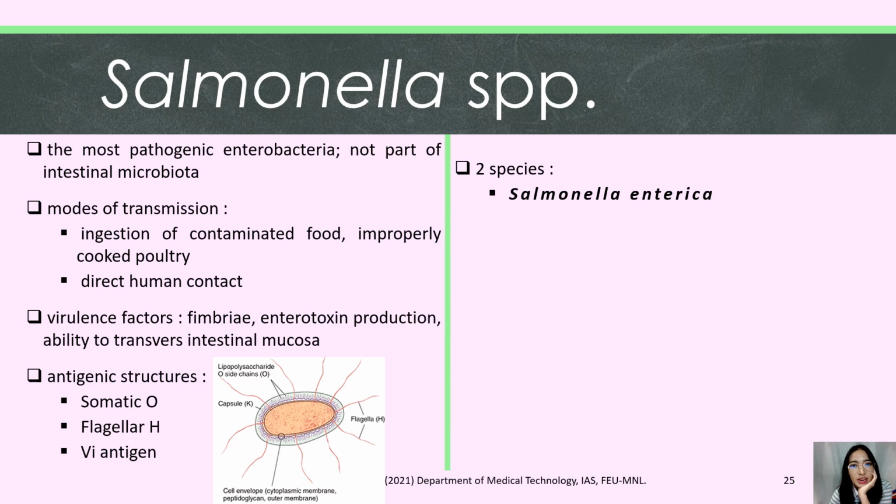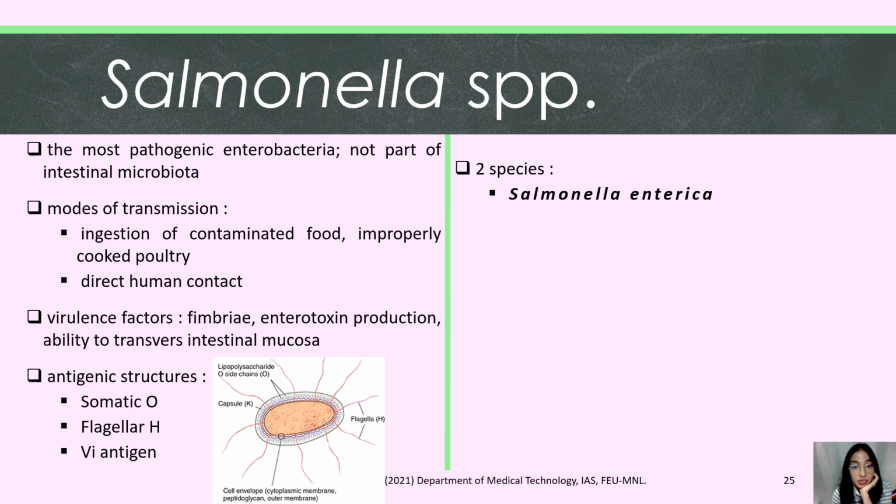So, ayun po, Salmonella species in general are gram-negative, facultatively anaerobic bacilli that morphologically resemble a lot of the other enteric bacteria. Infections may be acquired either by ingesting contaminated and improperly cooked food or by direct contact with human carriers.